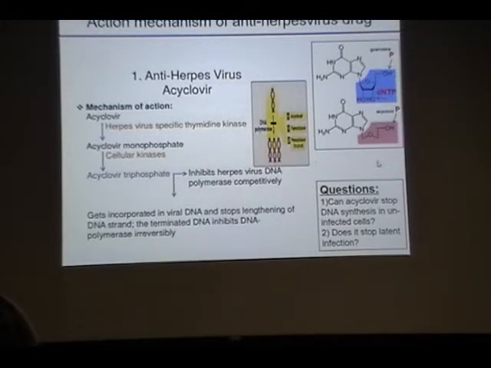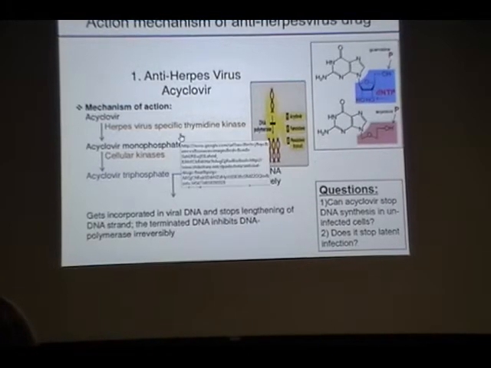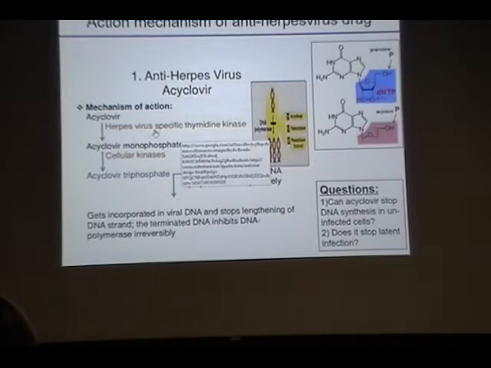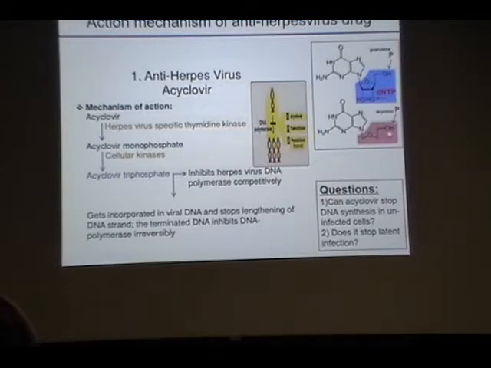This requires an enzyme that comes from the virus, called the herpes virus encoded, herpes virus specific thymidine kinase. This virus encoded thymidine kinase will add the first phosphate to this group, and then the cellular thymidine kinase will add the second and third phosphate to make a triphosphate.